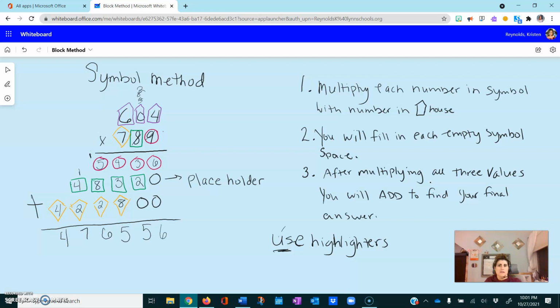So again, starting from the far right, I go over 3 and I would put a comma. All right, so my answer is 476,556. And that is how you use the symbol method.